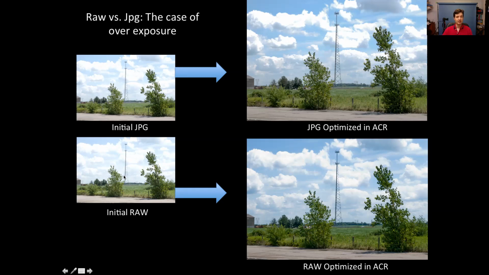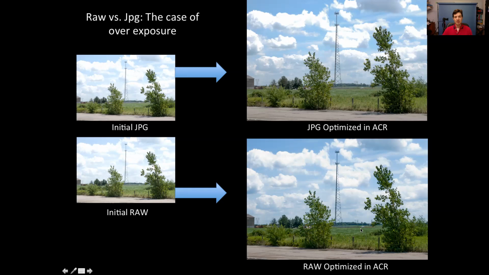The highlights in the clouds don't have detail in them, they're just pure white. We shot this with a JPEG and we shot this in RAW mode. And then we did our best to make this image look good in Adobe Camera Raw. So the JPEG was optimized in ACR, Adobe Camera Raw, and down here the RAW was optimized in Adobe Camera Raw.